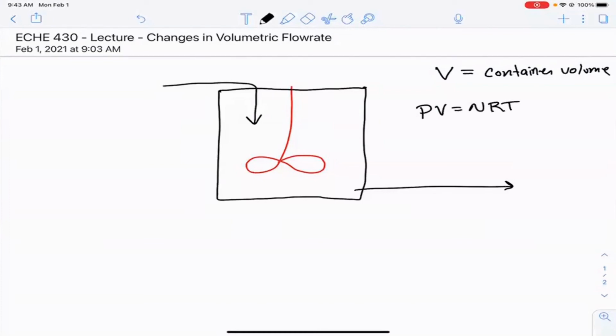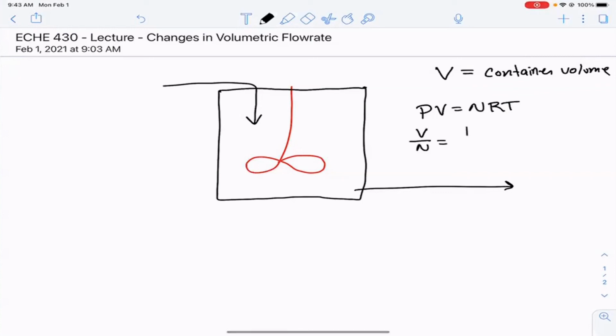And you can forget about the arrows here for a second. And if that's true, and we want to talk about density, or concentration, that's just a relationship between the volume and the number of moles. So density specifically would be the specific volume, which is V over N, right?